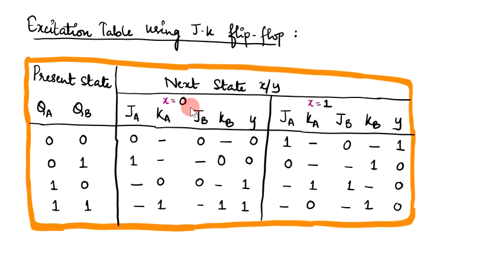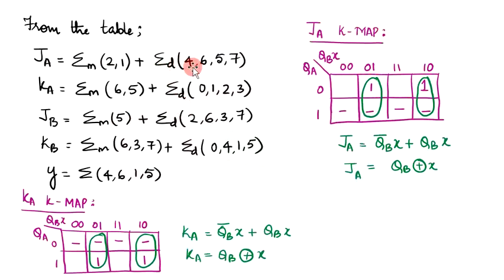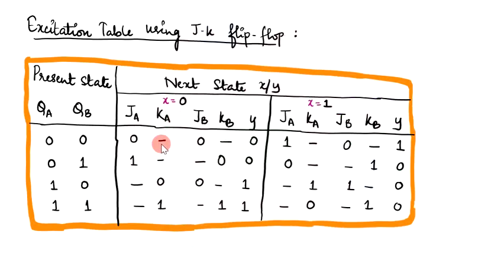So 0, 1, 0 is nothing but 2. When you write JA, it is QA, QB, X. QA to be the MSB, X to be the LSB. Similarly, you need to write for all the parameters here, and KA has to be combined here as well, JB, KB, and Y.